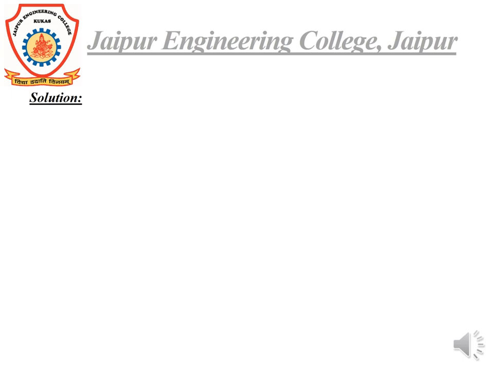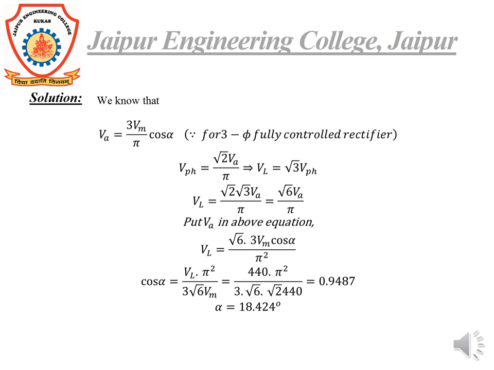As we know, VA is equal to 3 Vm by pi cos alpha for a 3-phase fully controlled rectifier. We can calculate alpha from this equation.